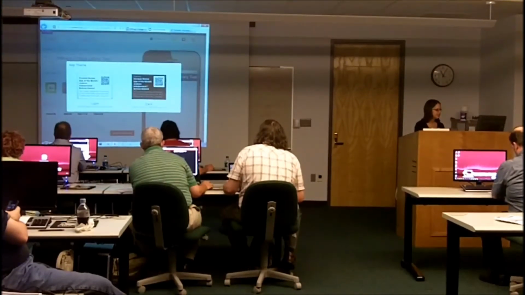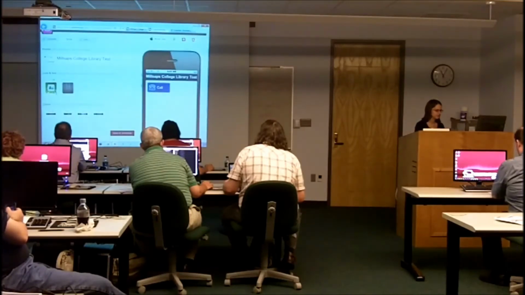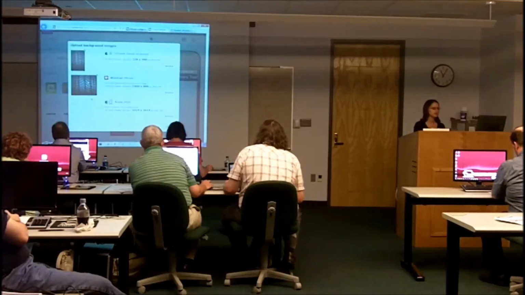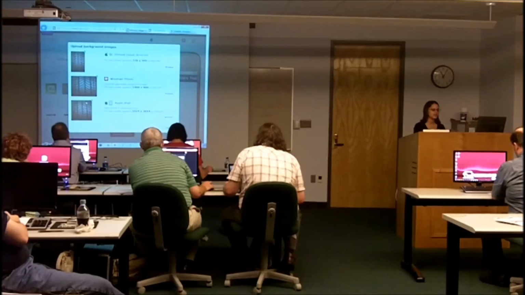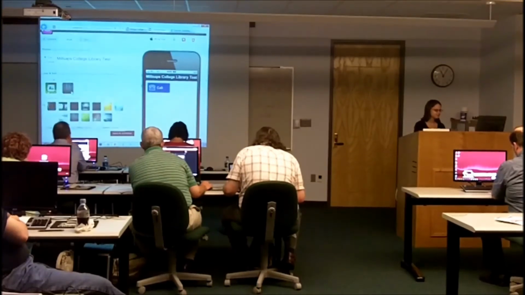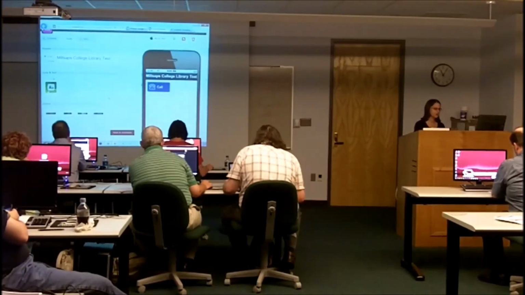You can choose between a light or a dark theme if you want darker text on a light background, which I think is usually a little easier to read. You can change that background image. And the nice thing about this is that for a lot of their different things, you have the option to upload a custom one. So if you have a background image that you like to use for your library, or anything that you like, you can upload that. Or you can choose one of theirs.